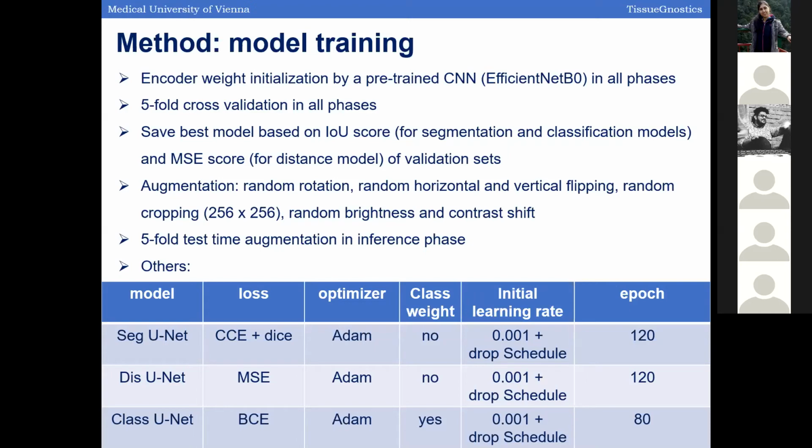I also use test time augmentation to have better results at the end. And you can see other parameters such as the utilized loss function, optimizer, learning rate, and etc. in each phase of the network, for the segmentation unit, the distance unit, and also the classification unit.